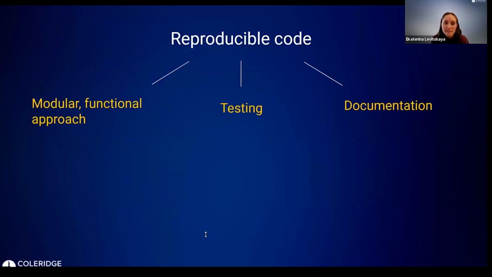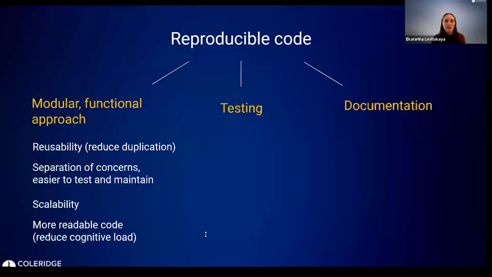Then we'll talk about testing, and we will give a couple of examples of how you can incorporate automated tests for these functions to make sure your code works as intended, which ultimately helps to catch bugs early and make sure the code behaves exactly as expected. And finally, we will talk about incorporating automated documentation in the code, documentation that lives with the code and can be easily converted into a readable format.